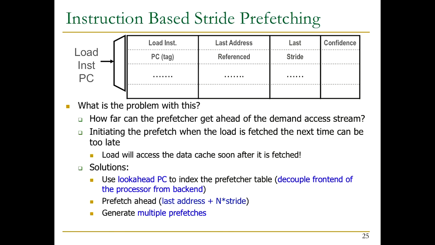But also, people have proposed things like this. Use a look-ahead PC to index the prefetcher table, like predict which program counters you're going to access in the future, and use that to index this. This makes sense, especially if you decouple the front end from the processor back end. We discussed this very briefly when we talked about branch prediction.